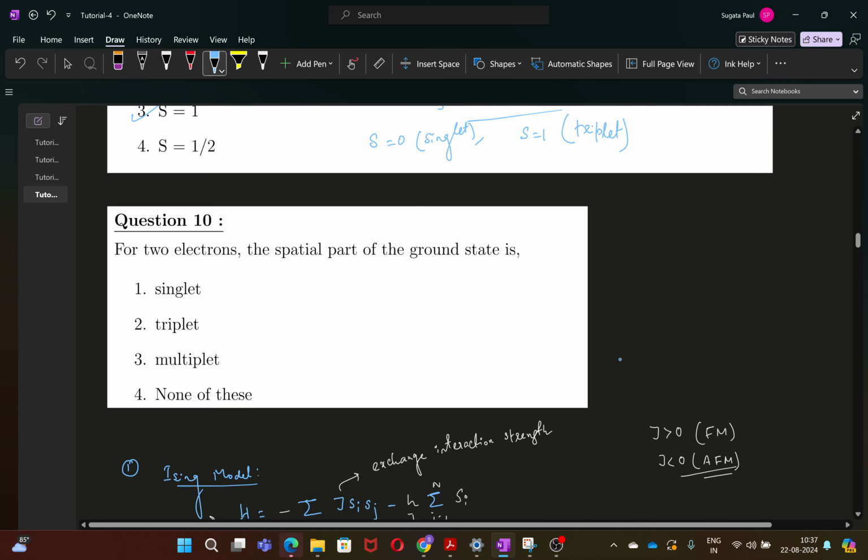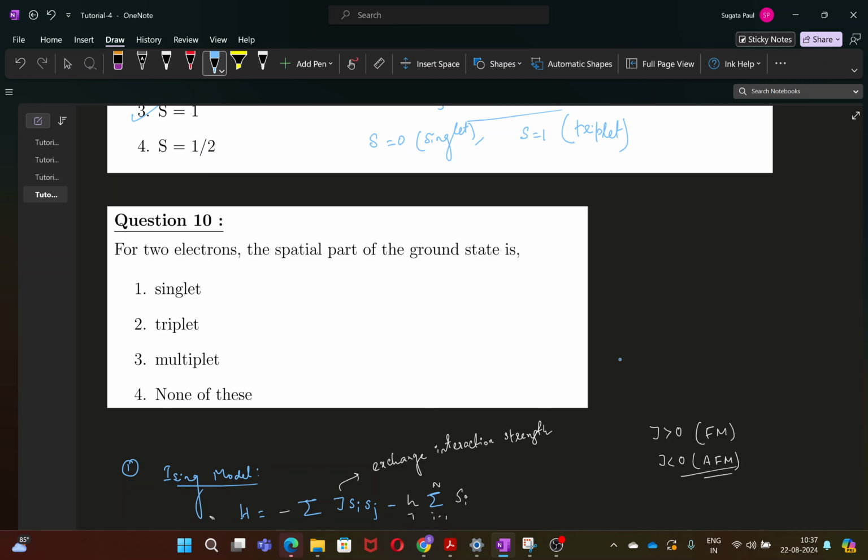And question number 10 says: for 2 electrons, what is the spatial part of the ground state? For 2 electrons, they have to abide by Pauli's exclusion principle, that means two electrons cannot have the same spin state.